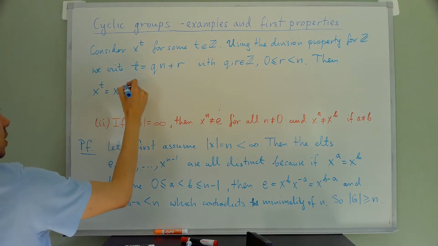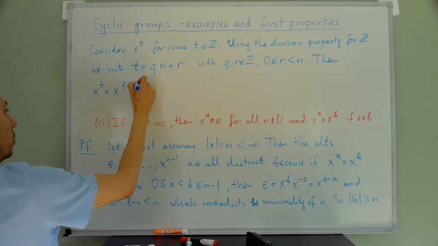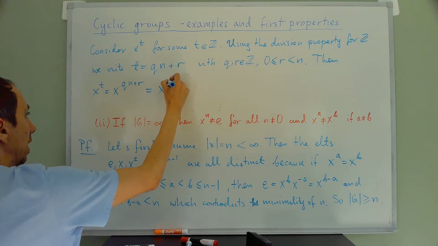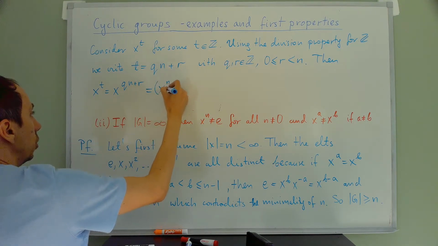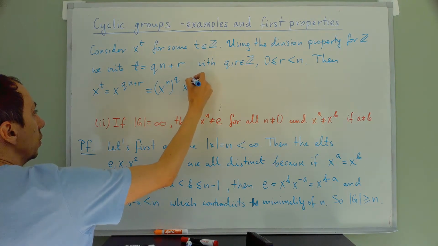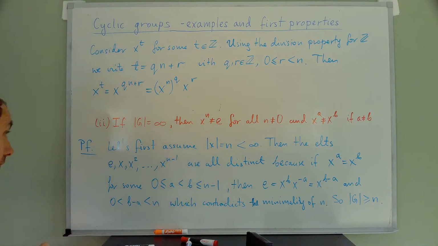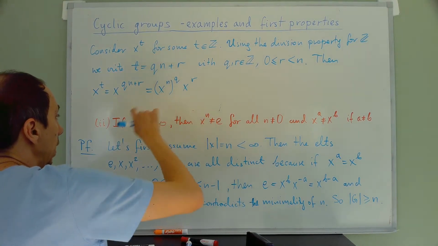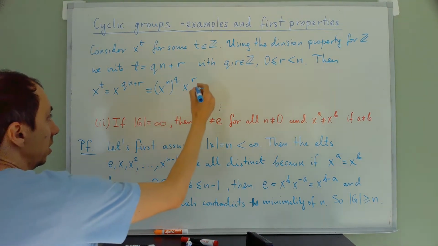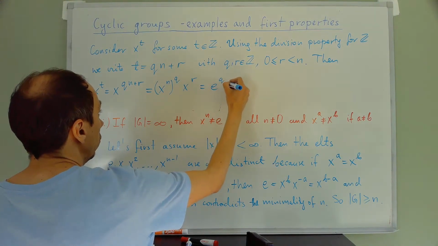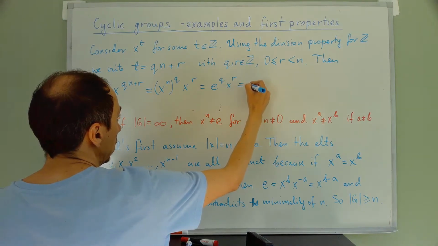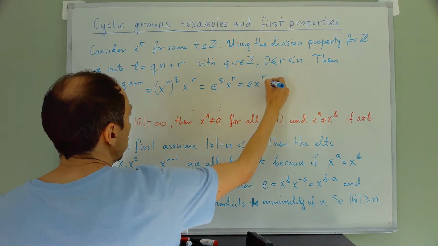That's x to the qn plus r. So that's x to the n to the q times x to the r. And what's x to the n? Well, n is the order of x, so that's just the identity. So that's e to the q, x to the r. But the identity to any power is the identity, so that's e x to the r. So that's x to the r.